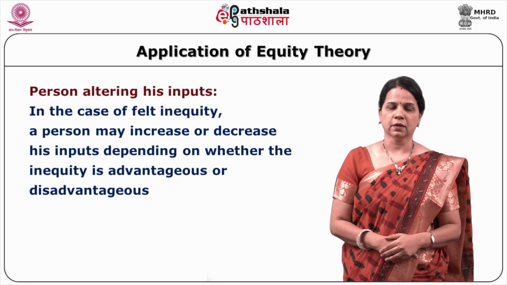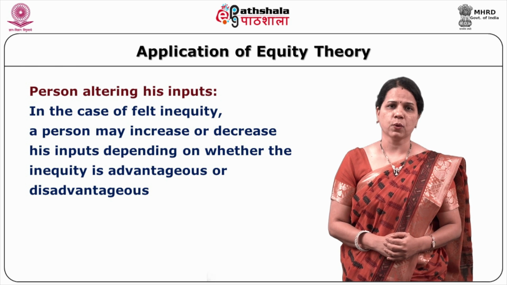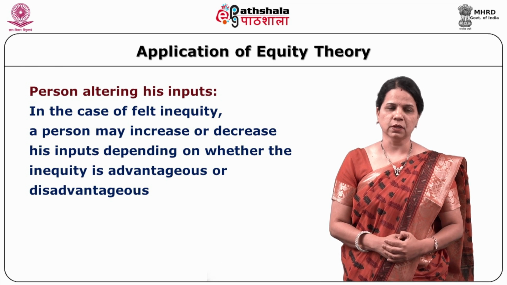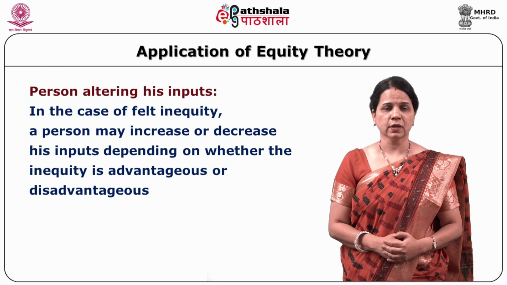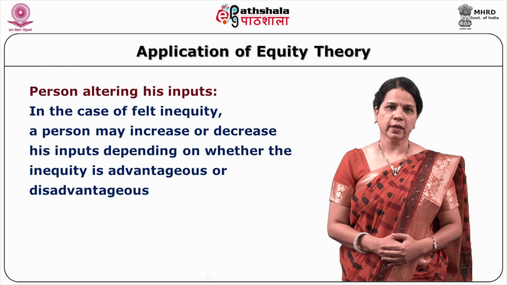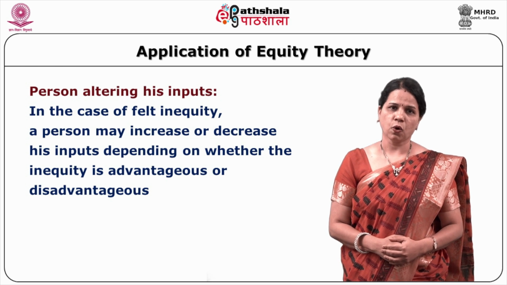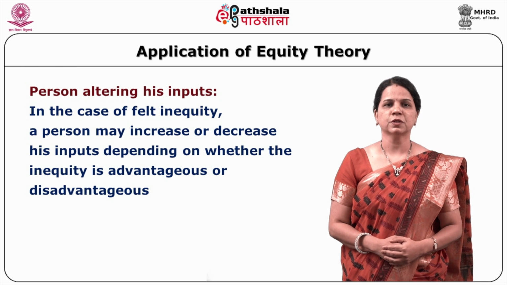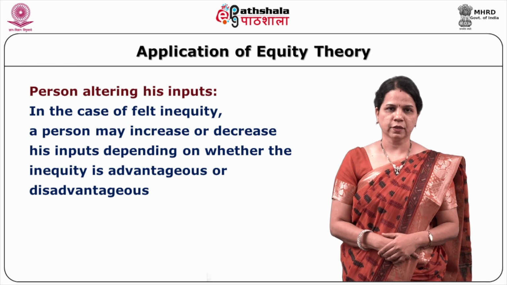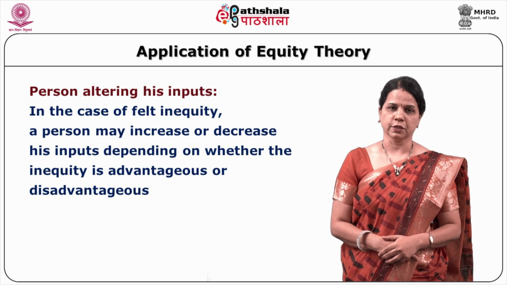Let us see the different equity restoration methods one by one. The first method, person altering his inputs. In case of felt inequity, the person may increase or decrease his inputs depending on whether the inequity is advantageous or disadvantageous.